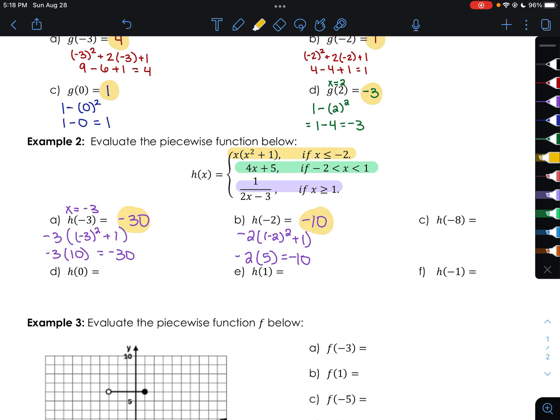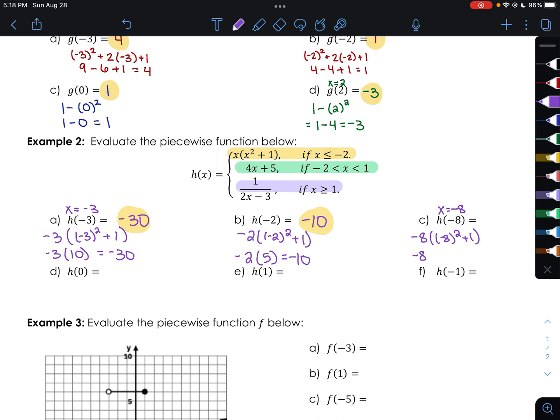Looking at our next one, we have h of negative 8. That also falls in the first one because our x equals negative 8, and negative 8 is less than negative 2. So I have negative 8 times (negative 8) squared plus 1.